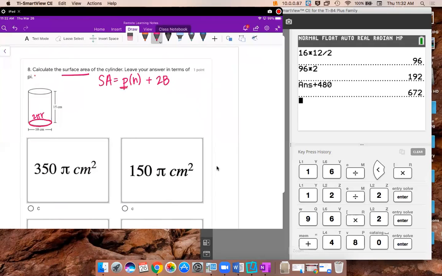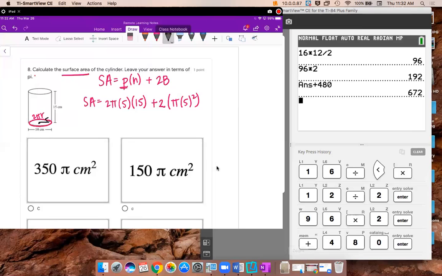So our surface area is going to be 2 pi, and again, our radius was 5, times your height, which in this case is 15, plus 2 times the area of the base, and the area of our base is pi r squared, which is pi 5 squared, because our radius was just 5.